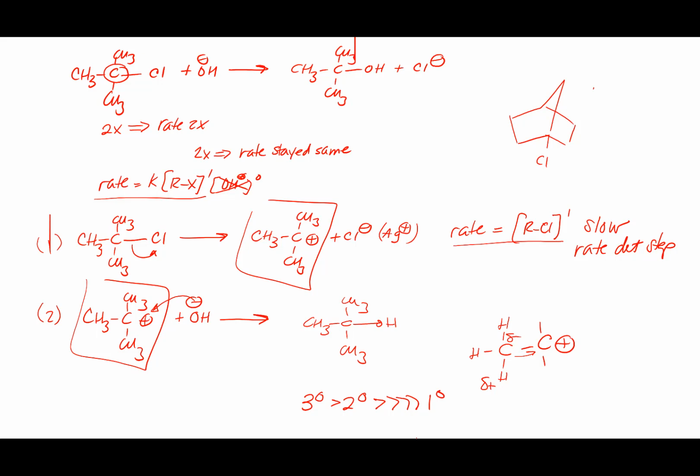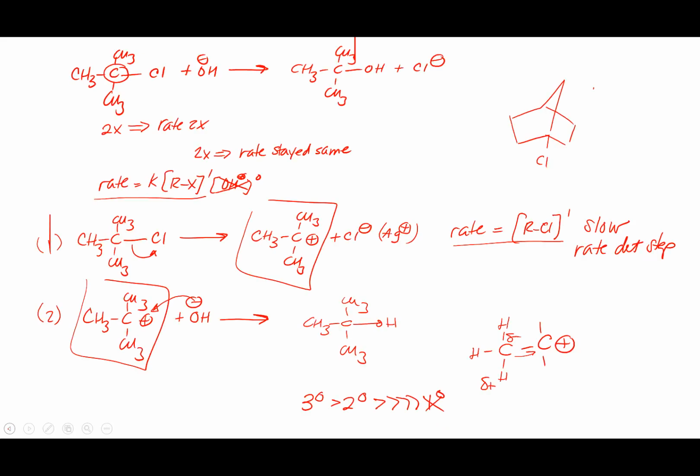And number 3, no primary carbocations this semester. Next semester, we're going to talk about a technique called mass spectrometry, which is in the high energy gas phase. That rule doesn't apply. But in solution, no primary carbocations.